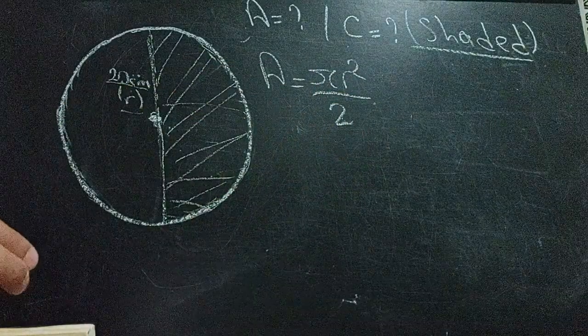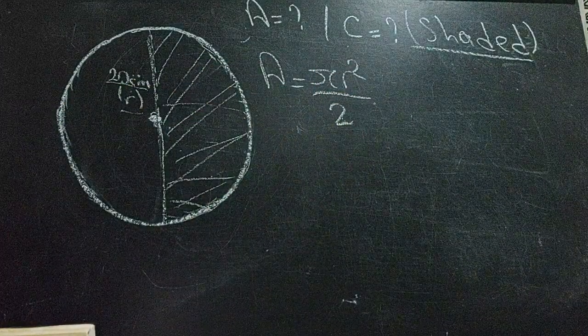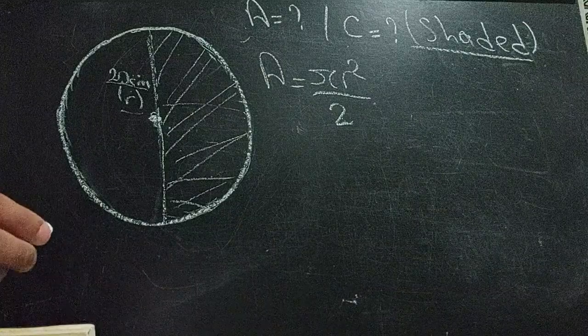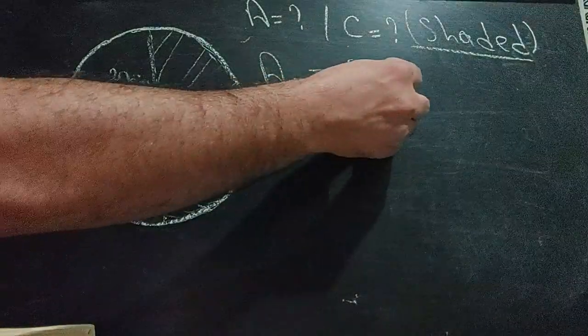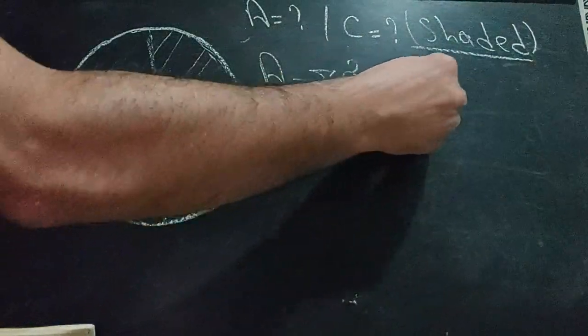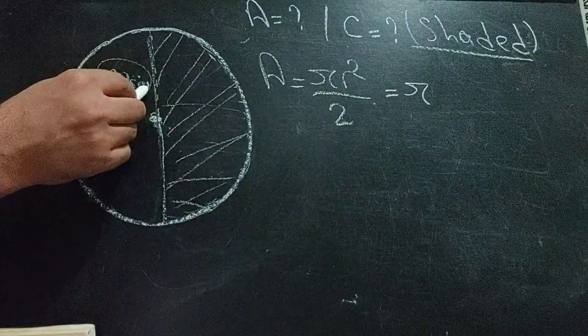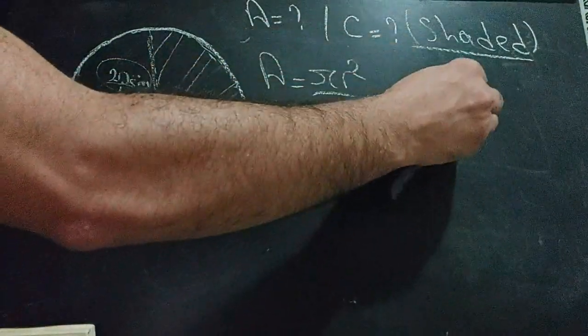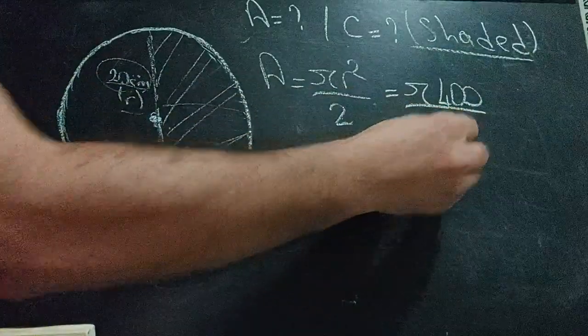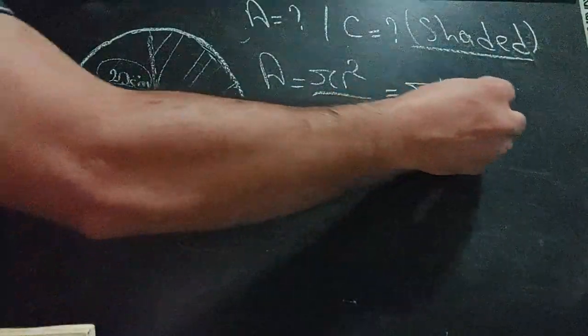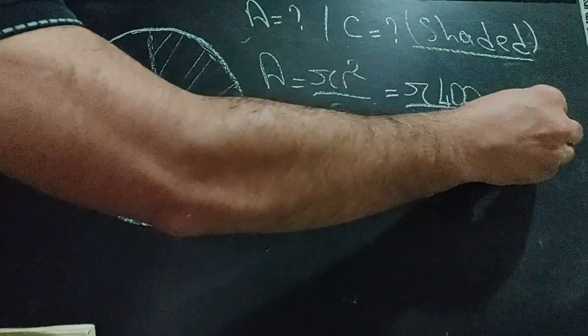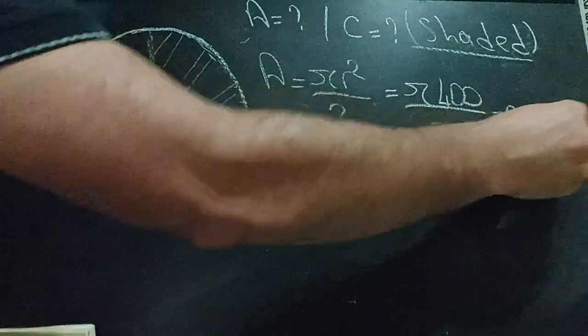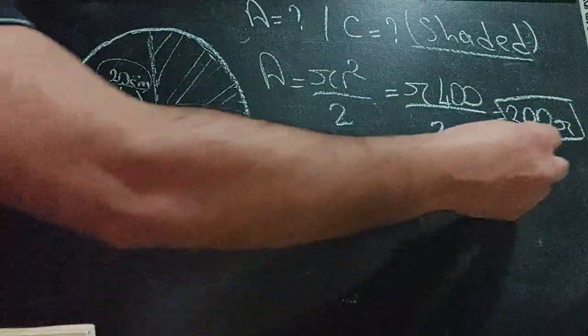This formula was pi times r square over 2. So that will be 20 square, 400, over 2. That will give me 200 pi centimeter square.